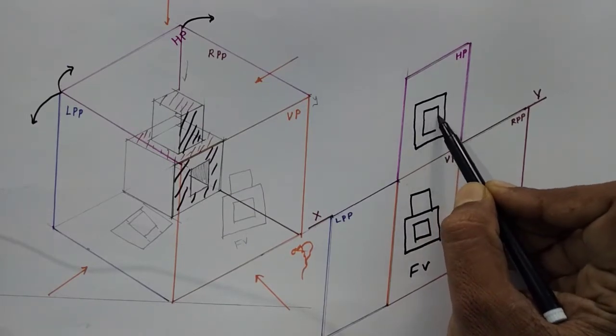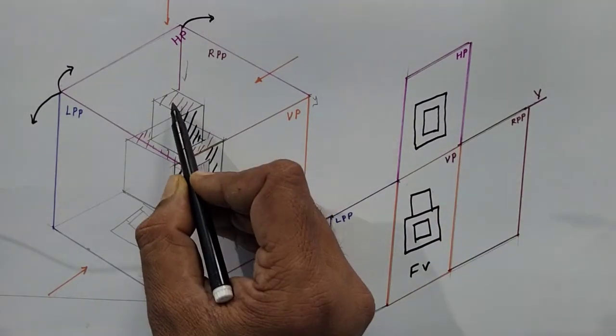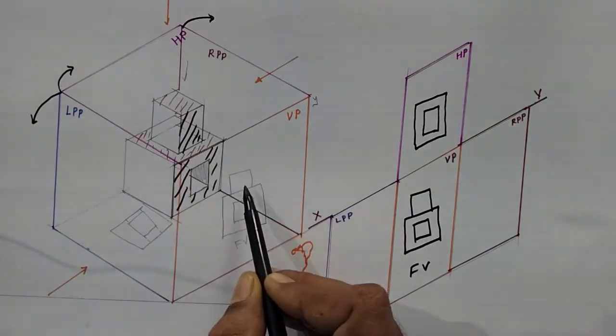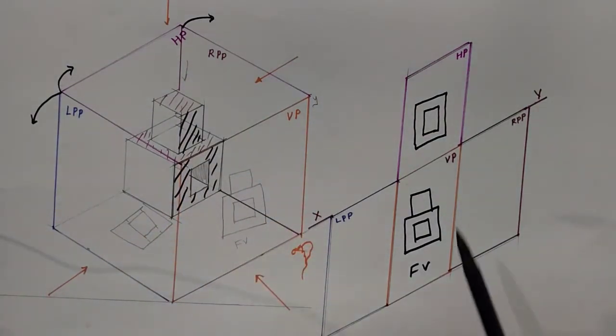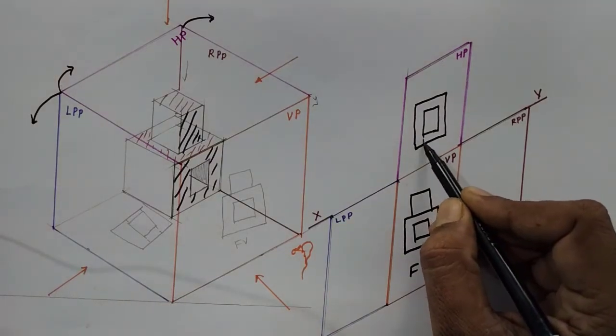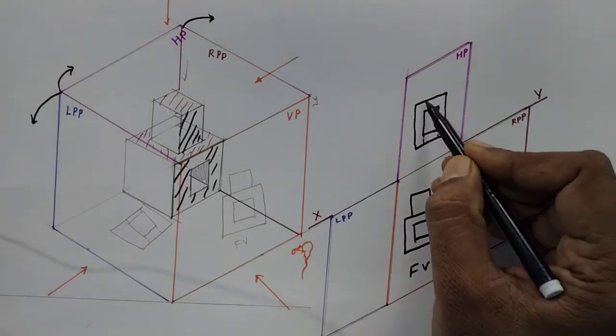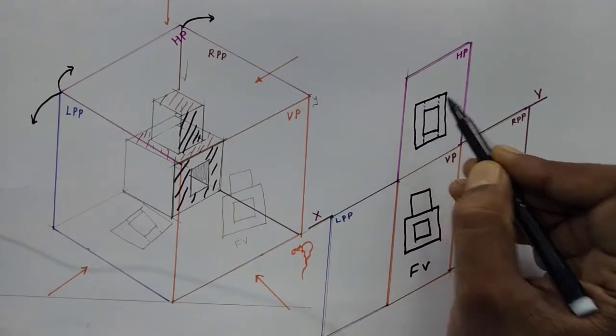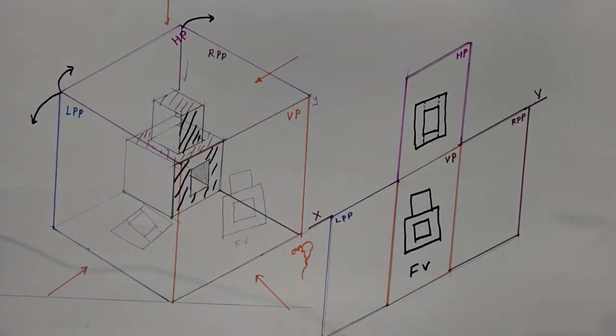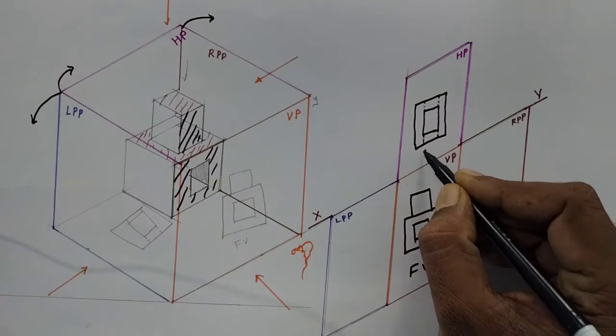The surface of the small rectangle is perpendicular to VP. And the square hole is also perpendicular to VP, so we represent it perpendicular to the vertical plane, perpendicular to XY, in our top view.